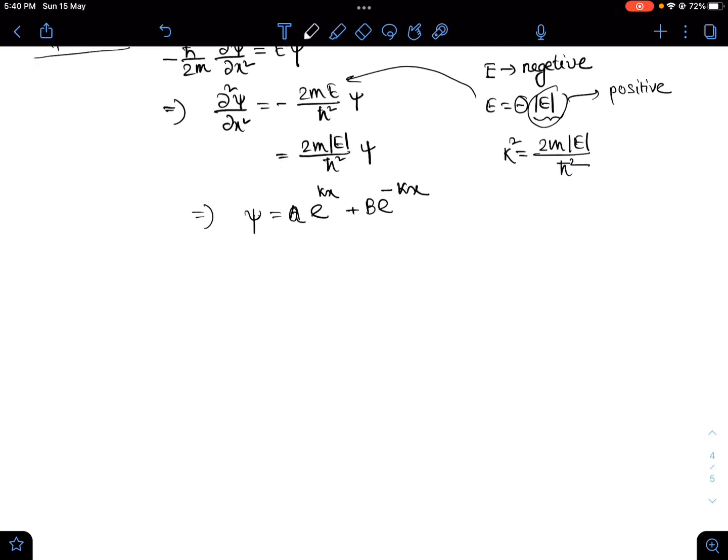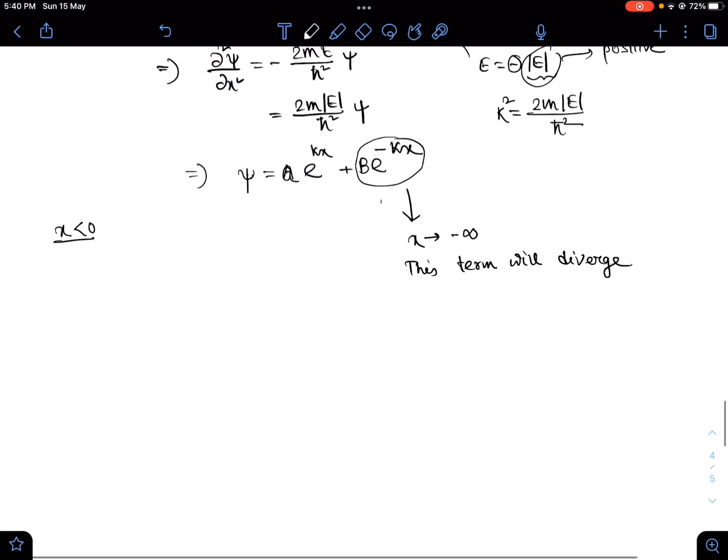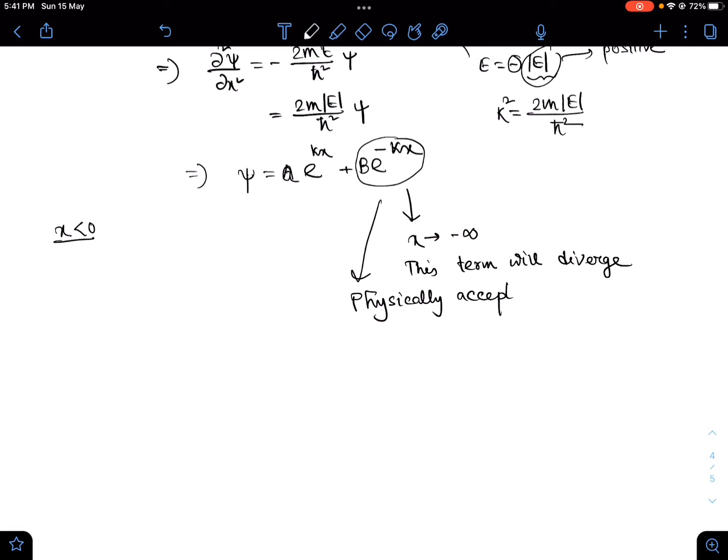So now let us consider for x less than 0 what is the case. For x less than 0, if we consider this term, then if we put x tends to minus infinity, this term will diverge. So this is not a physically acceptable solution for x less than 0.